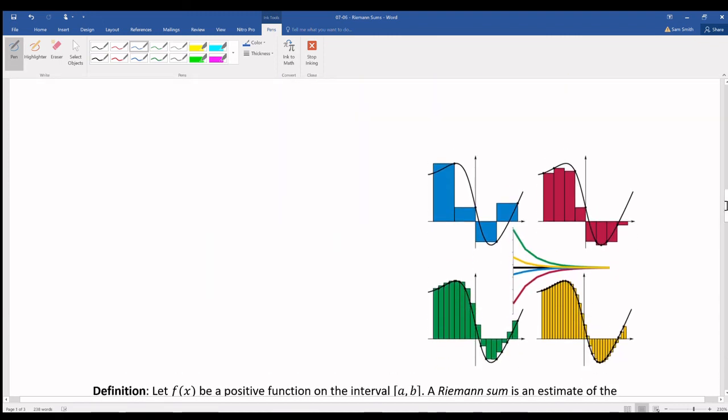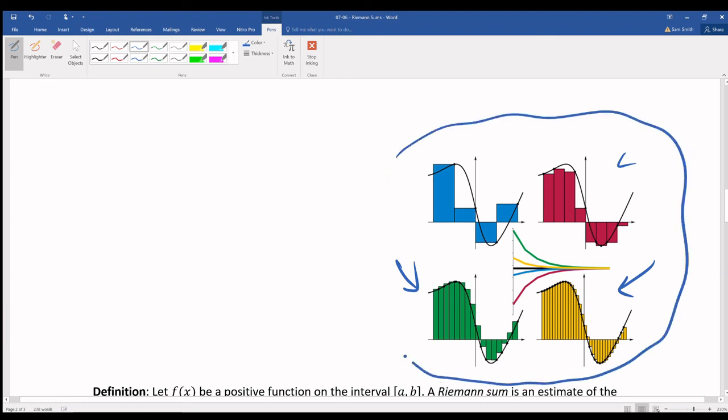But if we, instead of taking 4 rectangles, if we took 8 rectangles, if we took 16 rectangles, if we took 32 rectangles, we can see from these images here that the more rectangles you take, the better approximation we will have for the area under the graph.